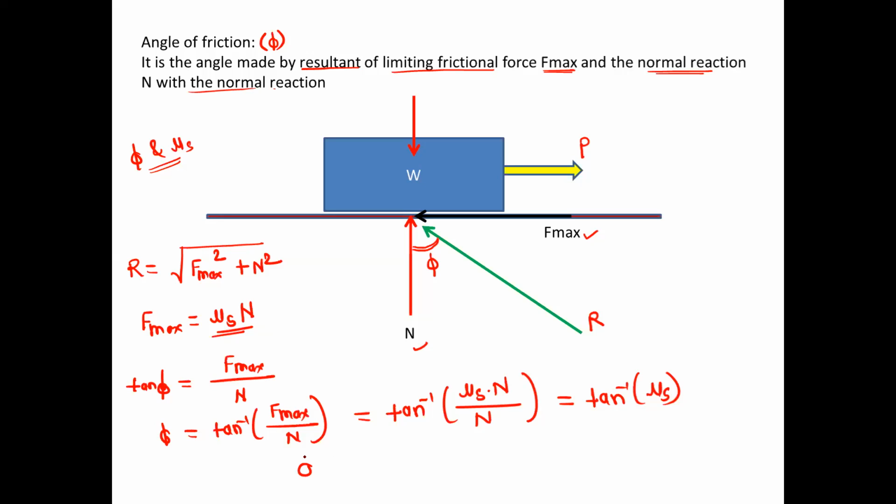So this is the relation: the angle of friction is equal to the tan inverse of the coefficient of static friction. Basically, the angle of friction is the angle between the resultant R and the normal reaction, and this resultant R is the net force because of F max and the normal reaction.